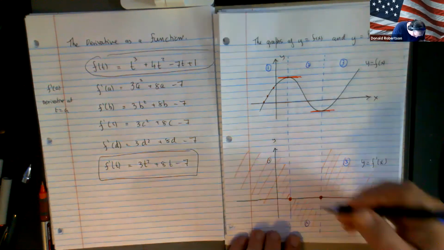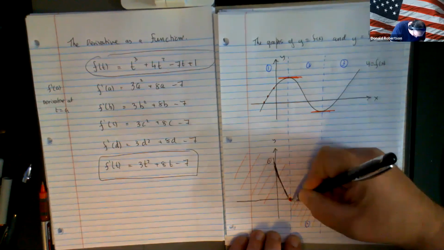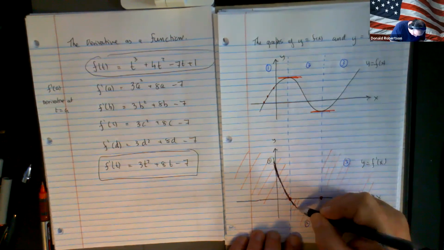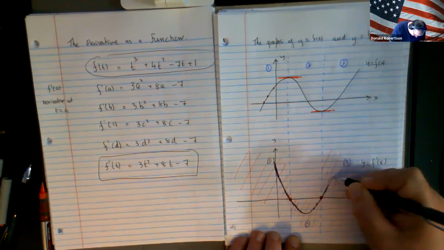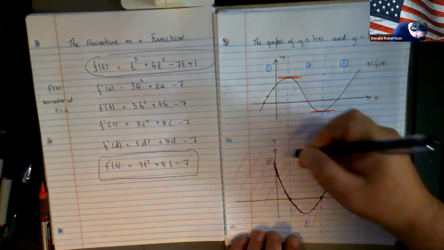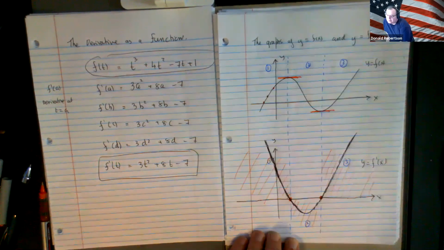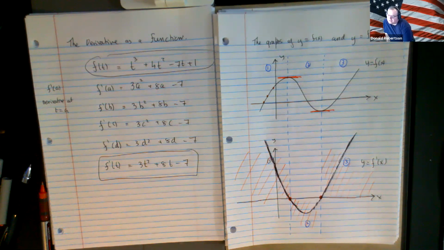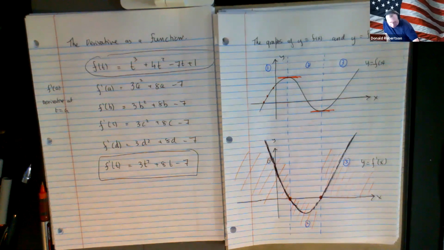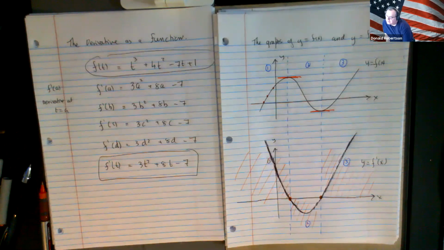So if I was doing that, would you agree this thing has to turn? Does that seem like a reasonable sketch of what the derivative function would look like based on the information I managed to glean from the shape of the original function f of x?